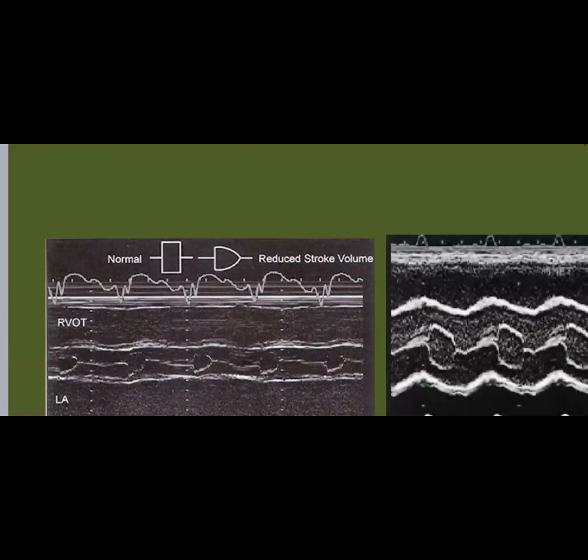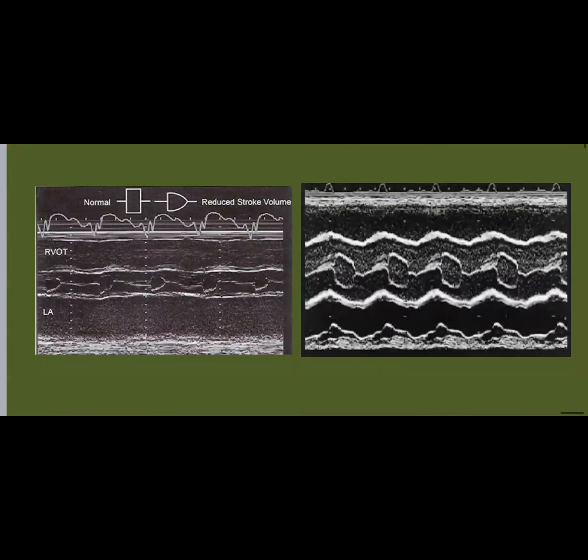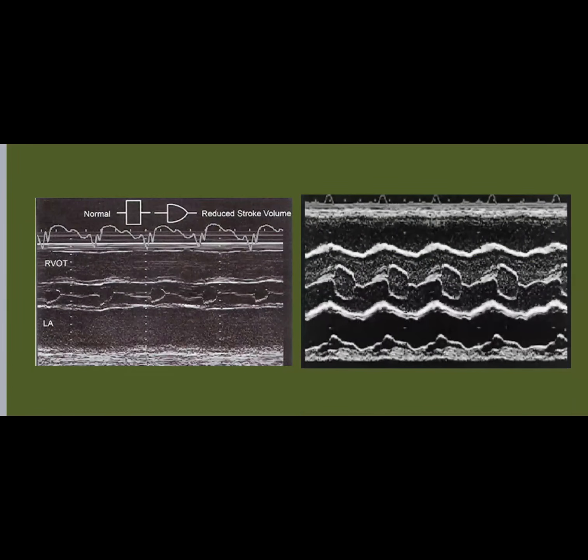Now from the M mode, you remember we talked about the morphology of aortic valve opening and closure. It becomes this way on the left side when we have reduced stroke volume. So when we have reduced stroke volume, there is premature closure.